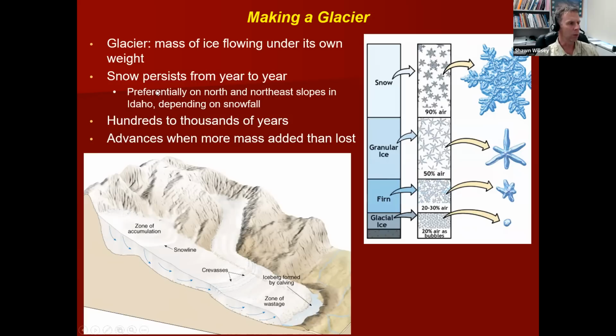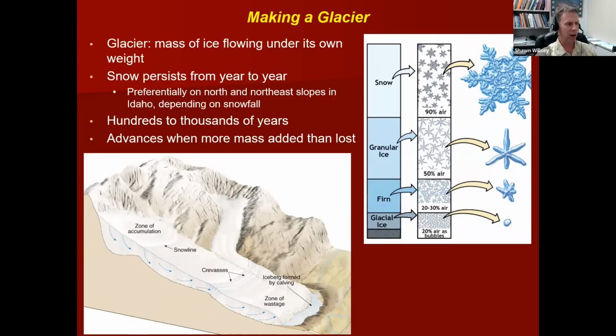In Idaho, we preferentially see glaciers forming on north or northeastern slopes, and that's because those sides of the mountain are going to be protected from the afternoon sun. It's obviously much easier to grow your snowfield into a glacier if it's somewhat protected from the sun. If it's facing south or southwest, it's much more difficult to get glaciers, at least in Idaho, to form.